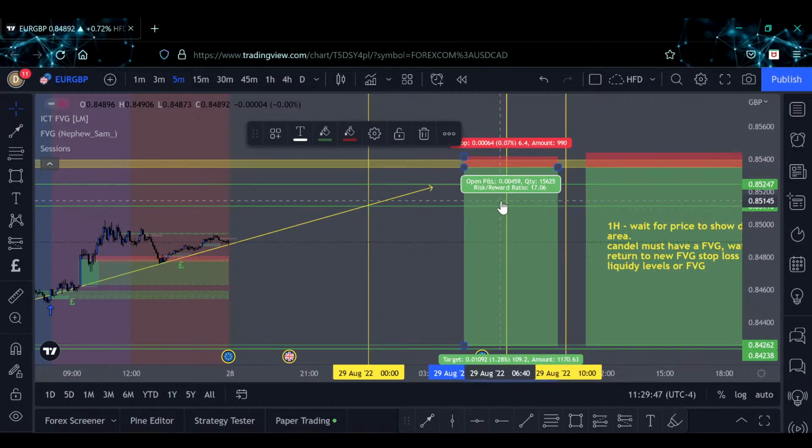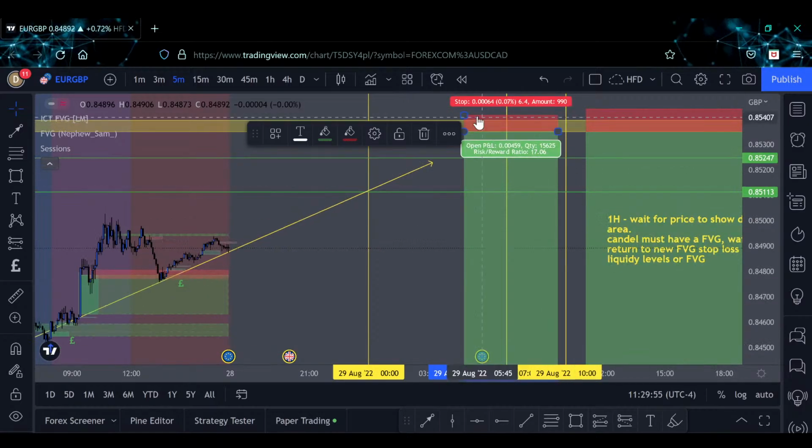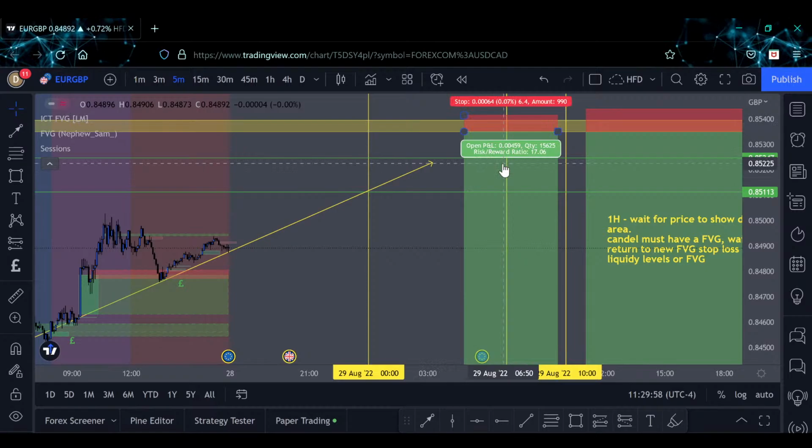If this was set on the fair value gap that it created on the 1M or 5M, the stop loss would be a bit smaller, your risk reward would be higher.